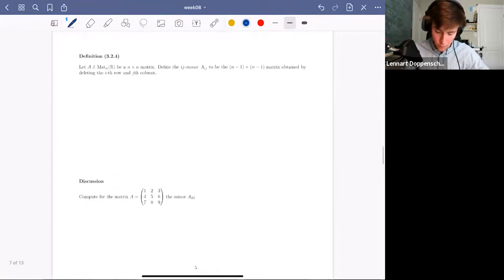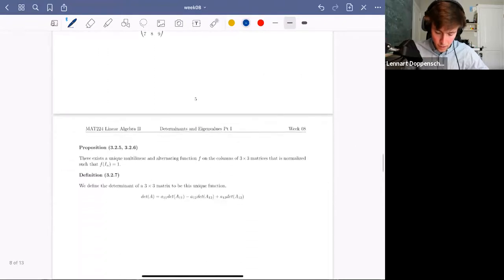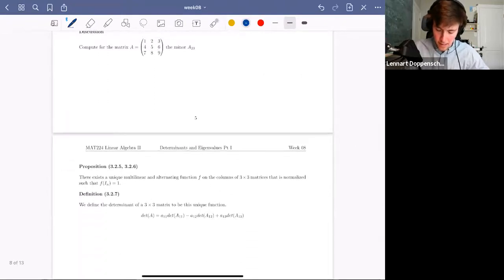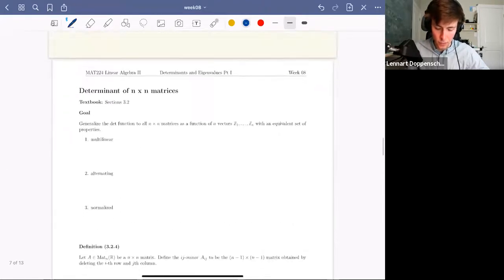And then we are in a very lucky case where there's a proposition that says on 3x3 matrices and also later by n by n matrices, there's just one function that satisfies all three properties. So we can just find a formula for this, and then we can practice computing n by n matrix determinants.